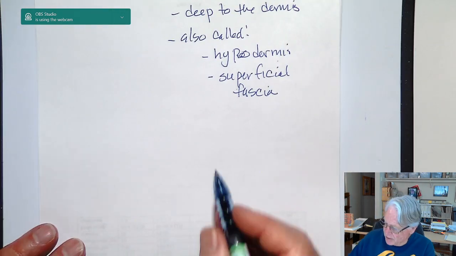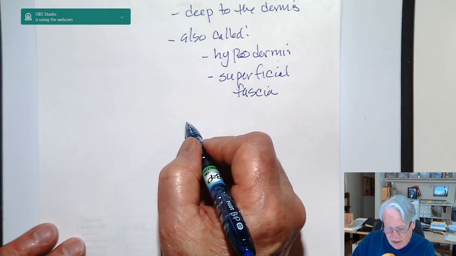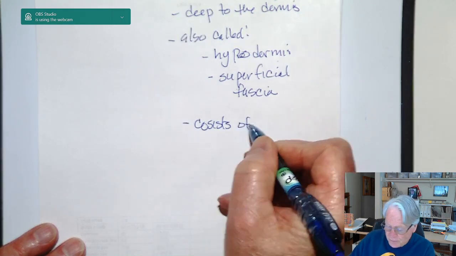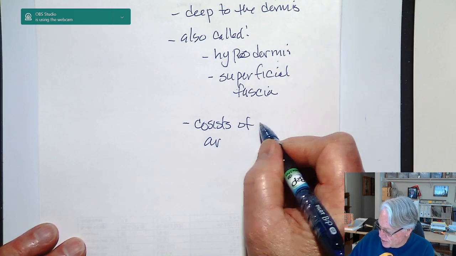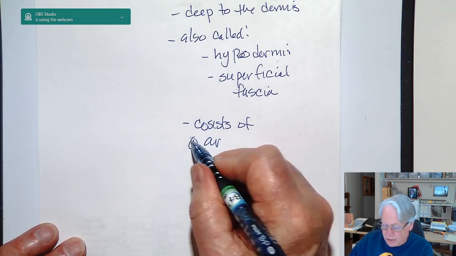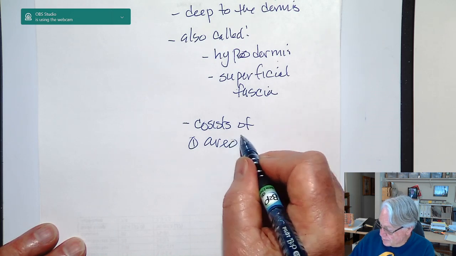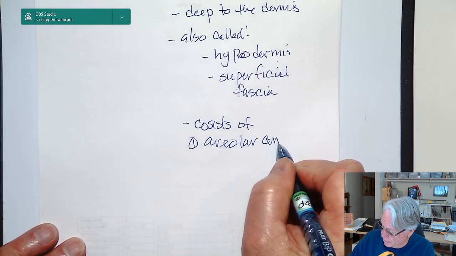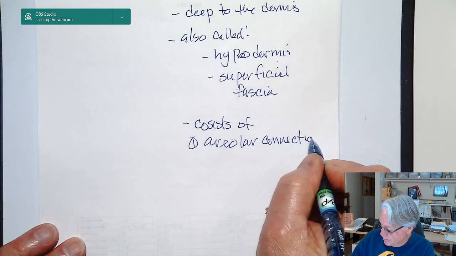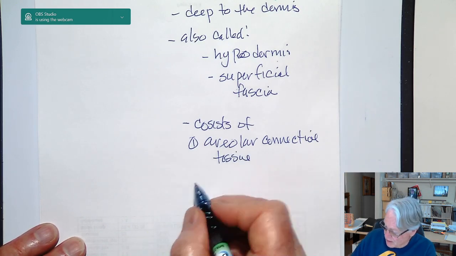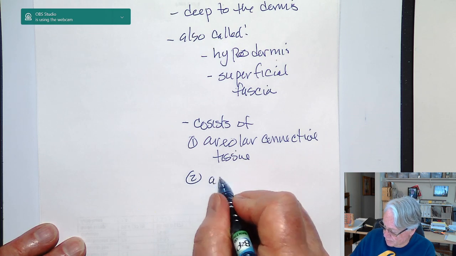Okay? This layer, the subcutaneous layer, areolar tissue, consists of, number one, areolar connective tissue. Adipose tissue.